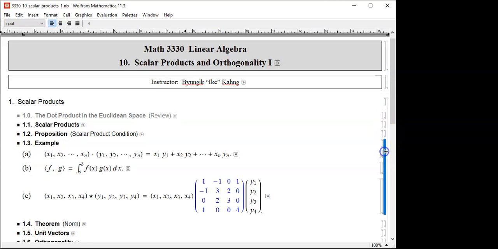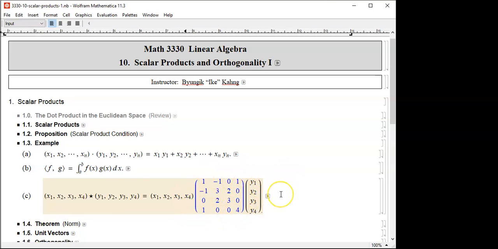Let's see. Yes, the typical example, this is same as geometry, so there's no problem there. And already this is going to be a little bit tough. We have some matrix here, and as long as this matrix is a symmetric and positive definite matrix, it's okay. But already the geometrical structure is kind of skewed.